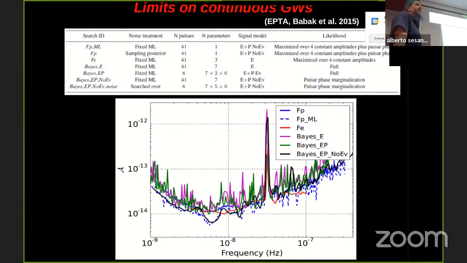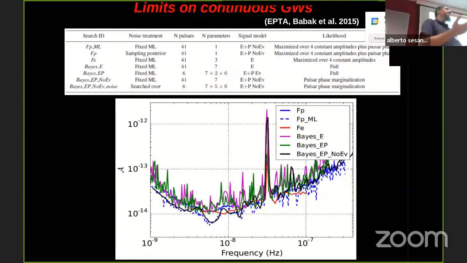So they are like a couple of hundred megaparsecs up to a gigaparsec at most. If they are farther, they start to be swamped into the stochastic background. So I would say a gigaparsec as a reference distance.